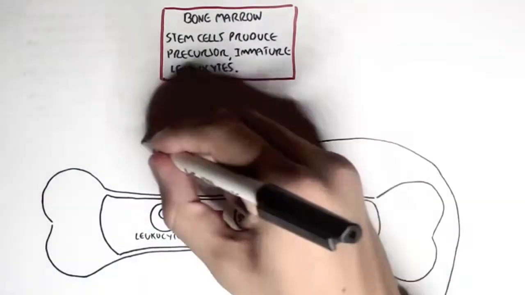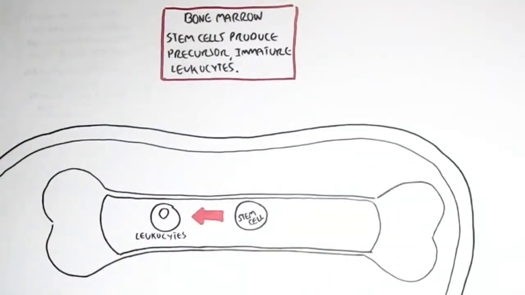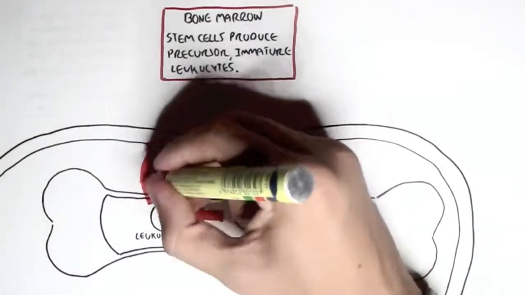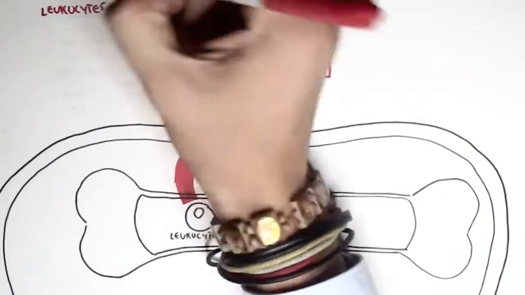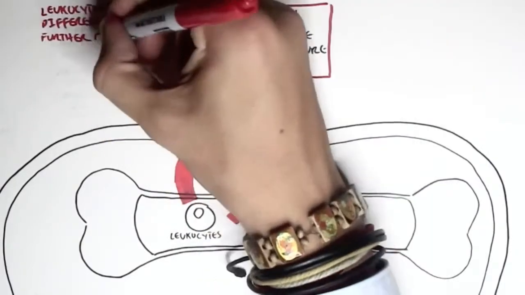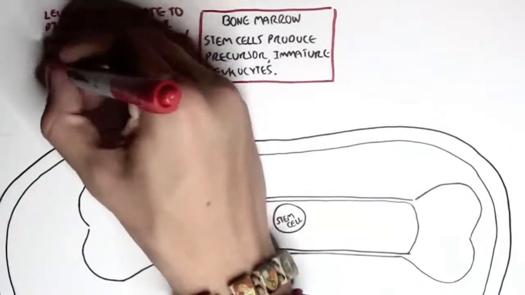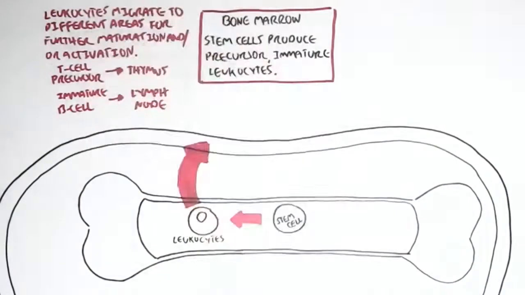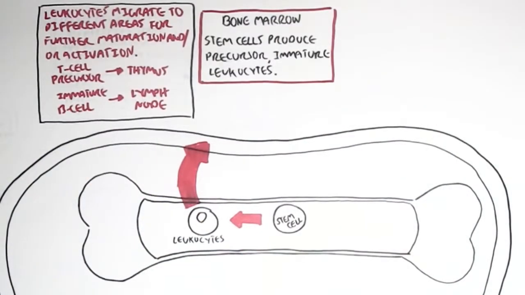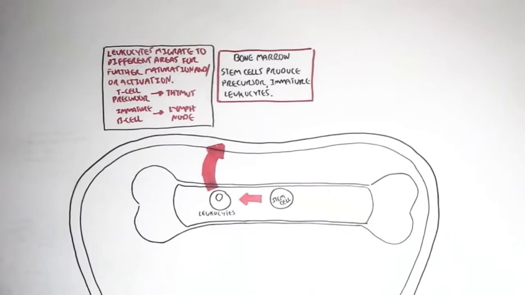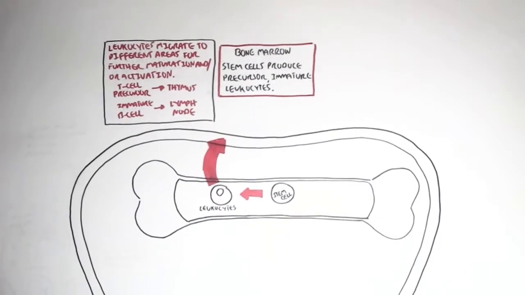These leukocytes can be immature precursors, which, when they leave the bone marrow, will migrate to different destinations, different tissues, such as the T cell precursor, which will go to the thymus for maturation. The immature B cell will migrate to the lymph nodes to become activated later on. And also we have the granulocytes, such as the basophils and eosinophils, which will circulate around the bloodstream and may migrate to specific tissues in different circumstances.